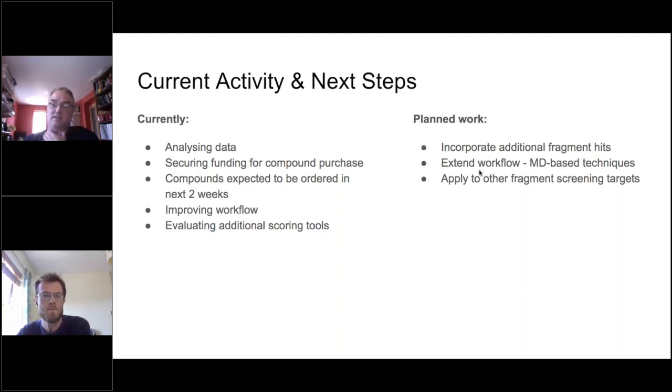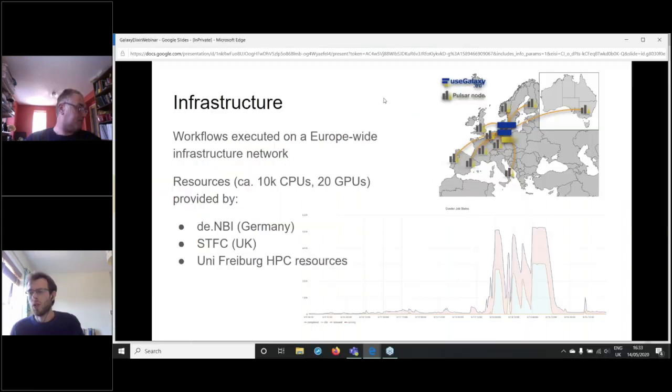And we'll be extending the workflow to incorporate some molecular dynamics-based techniques to generate some more sophisticated scoring functions. And of course, now that we have this workflow working and reasonably streamlined, we'll be able to apply it to other fragment screening hits that are being done at Diamond as well. So that's what we're doing at the moment. I will finish now and hand over to Simon.